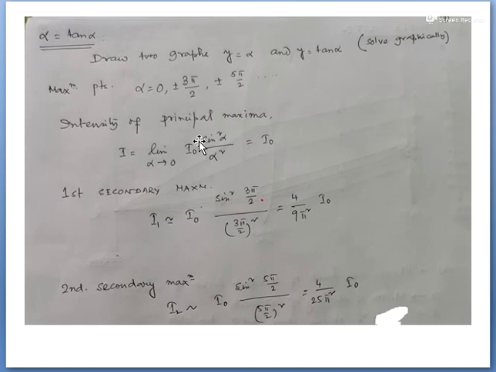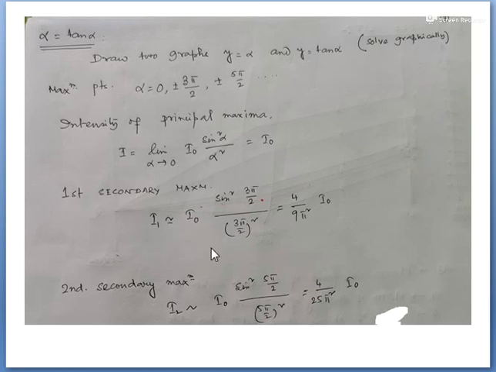The principal maxima is I equals I0 sine square alpha by alpha square, which is I0. The first secondary maxima is I1 equals I0 sine square (3 pi by 2) by (3 pi by 2) square, so 4 by 9 pi square into I0. The second secondary maxima is I2 equals I0 sine square (5 pi by 2) by (5 pi by 2) square, so 4 by 25 pi square into I0. So this gives the conditions of the different maxima.